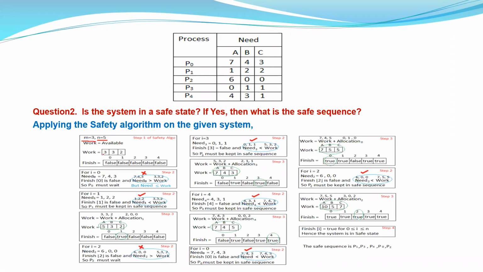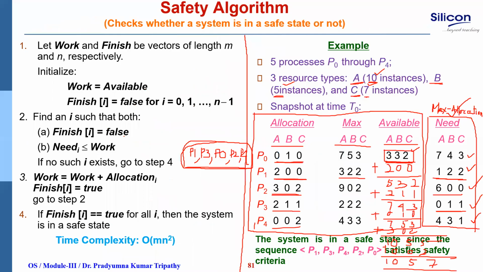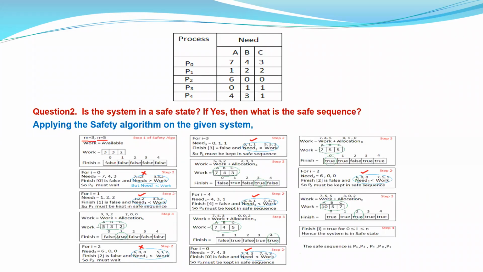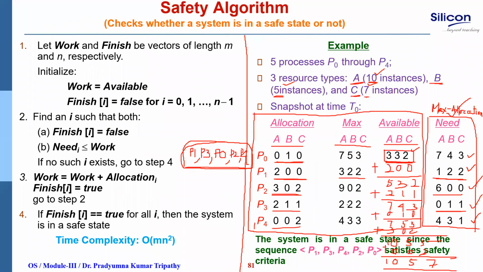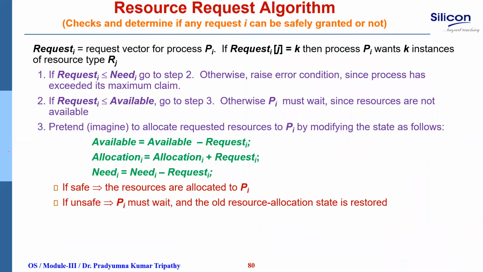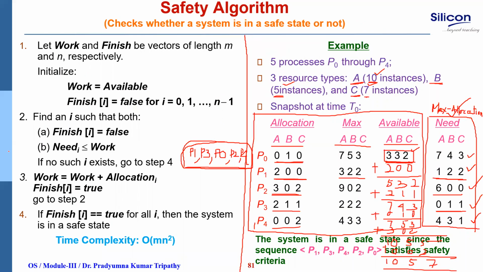Now we found that initially 3, 3, 2 is given. See, it is 3, 3, 2, and this is the working of that algorithm. The algorithm I have not explained till now. The way I have solved it, the same thing is given over here.